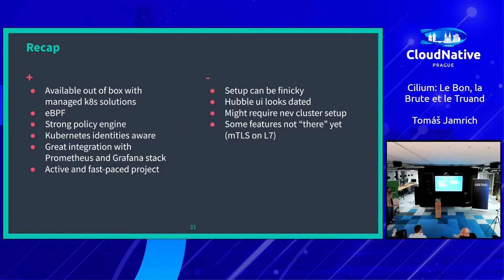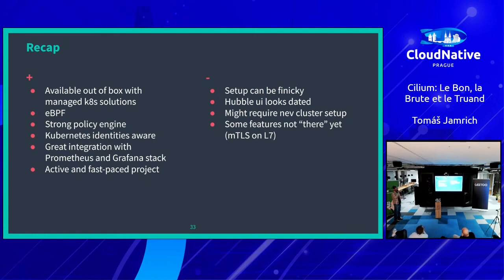Okay, some recapitulation in the end. So what are the pros and cons? Cilium is available out of the box with many of the providers, like GKE with its Dataplane V2 or Anthos. AWS also has its solution, and I think Azure also has it.